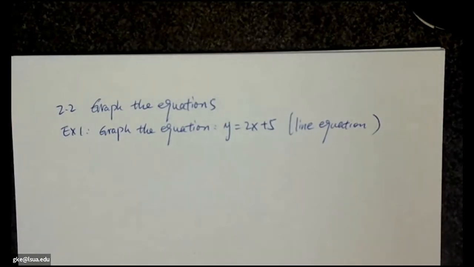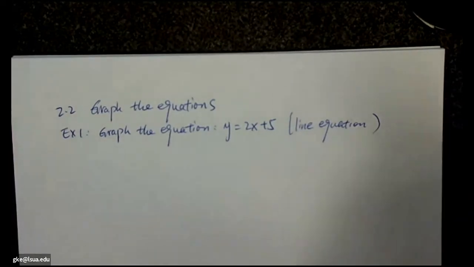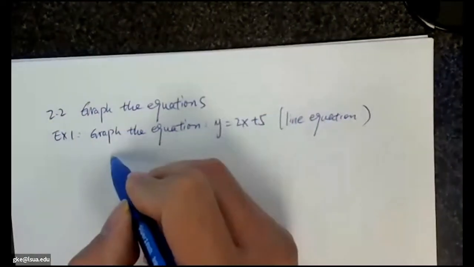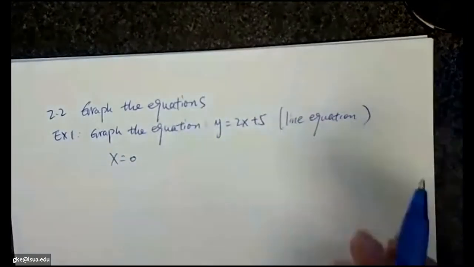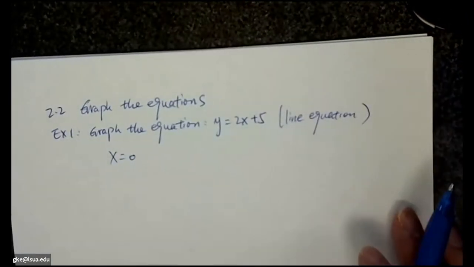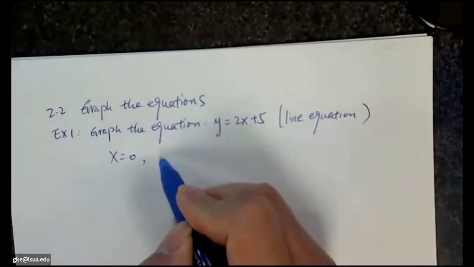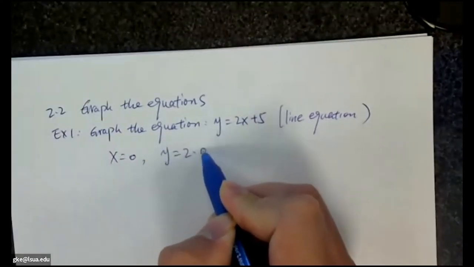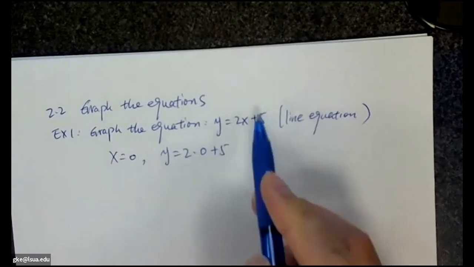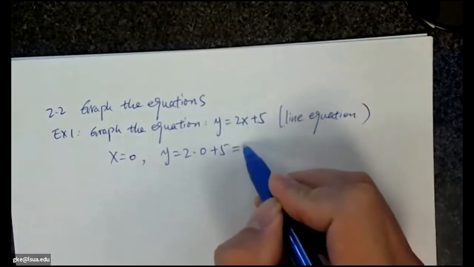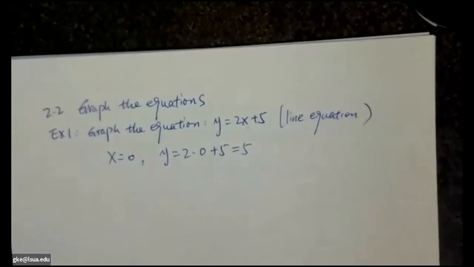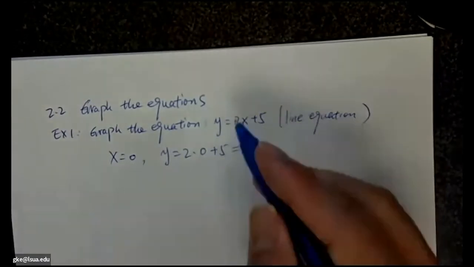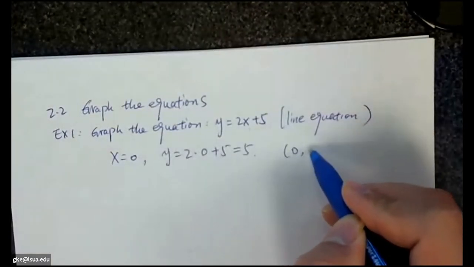So we just randomly pick 2 points. How to pick? Just pick a value for x, then calculate the y value. For example, I randomly pick the easiest one, x equals 0. We plug in 2 times 0 plus 5, that equals 5.